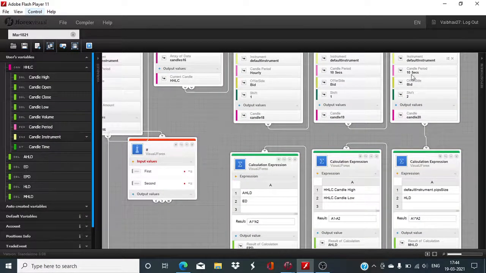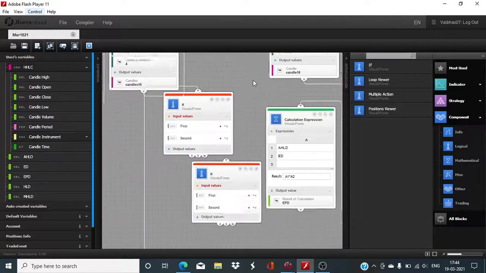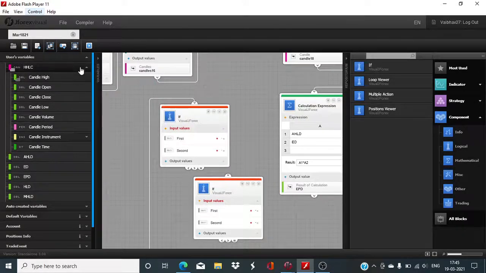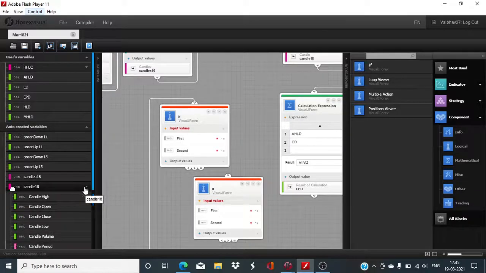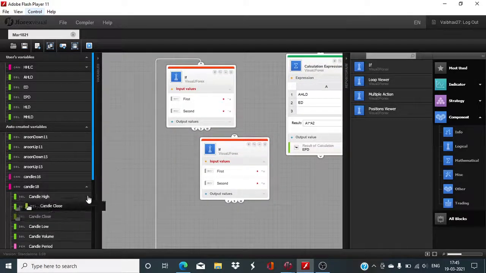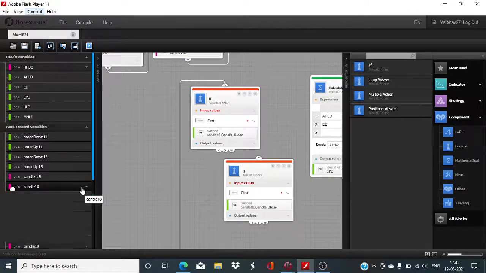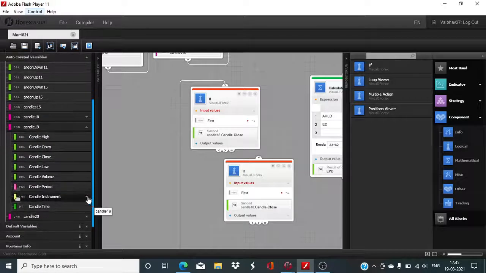So for that we will need 2 A blocks. Alright. And then we have to take candle 18 closing value in both of these blocks and compare it with candle 19 and candle 20.